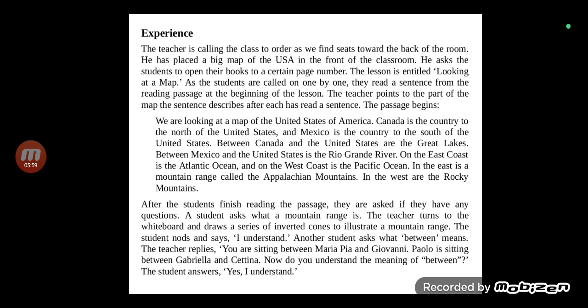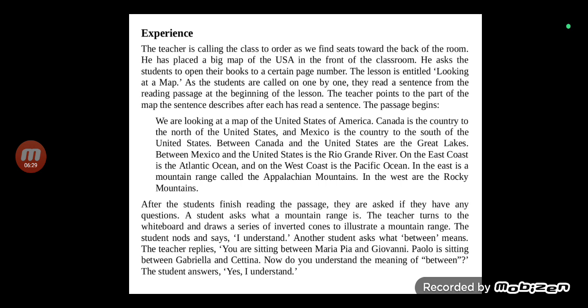The passage begins. We are looking at a map of the United States of America. Canada is the country to the north of the United States, and Mexico is the country to the south of the United States. Between Canada and the United States are the Great Lakes. Between Mexico and the United States is the Rio Grande River.